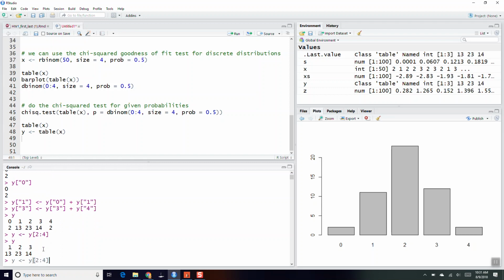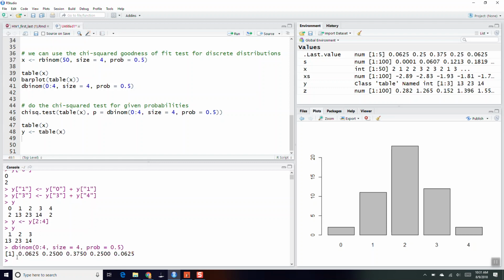Now I can run the chi-squared goodness of fit test. But again, it's a little bit of a pain here. So dbinom 0 through 4, size equals 4, probability equals 0.5. And I have to combine these also, so I'm going to do probabilities, adding these two together and these two together.